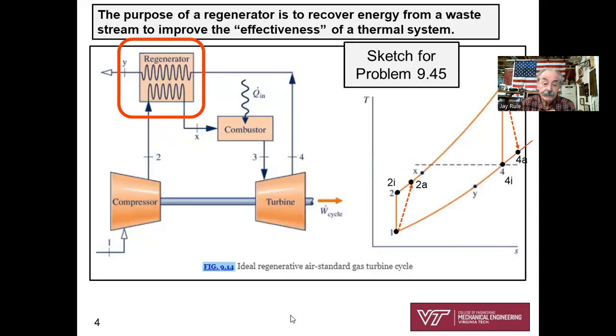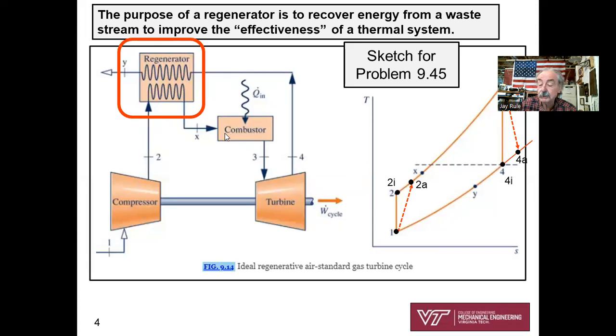Diving into problem 945, start with a sketch of the problem. Here's the classic model of the Brayton cycle: compressor hooked up to a turbine, and that turbine is making power, and it's making more power than it takes to drive the compressor. Typically the net power would go to, say, running an electric generator.